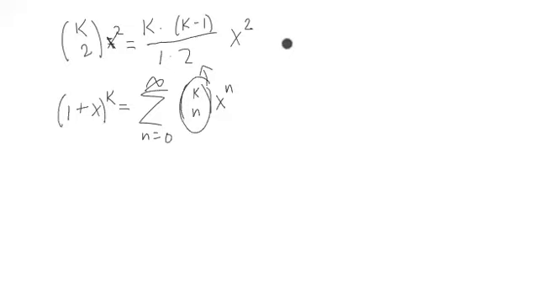And in general, let's think about this. k choose n should be a fraction with n things on the bottom and n things on the top multiplied together. Notice how we have 1 times 2 times 3. In fact, we can even just think of that as being 2 factorial. So in general, think of this as being n factorial.